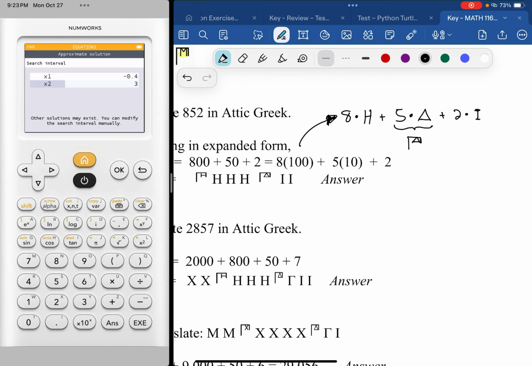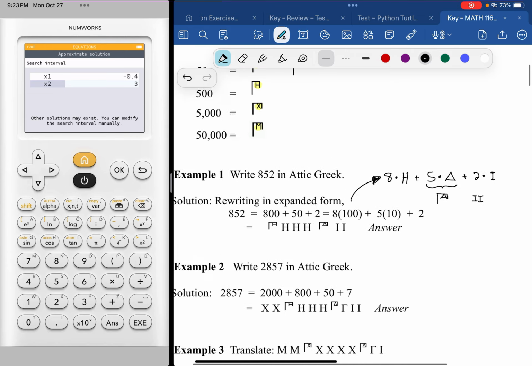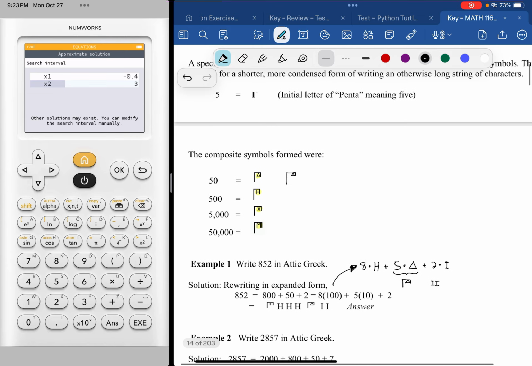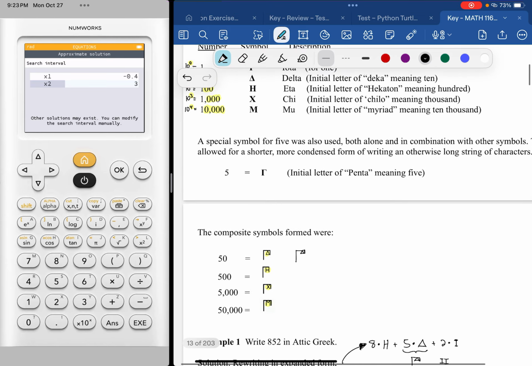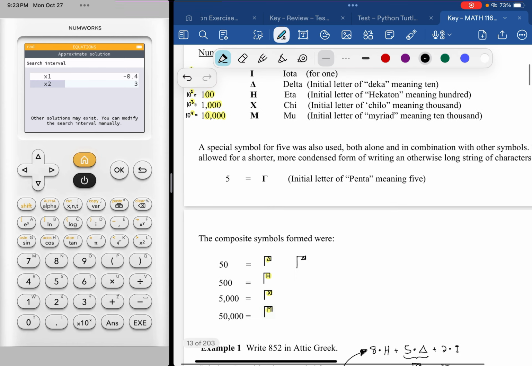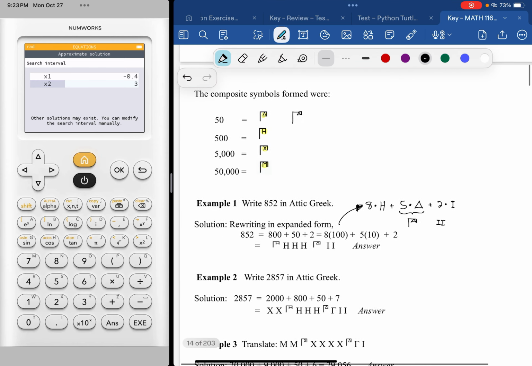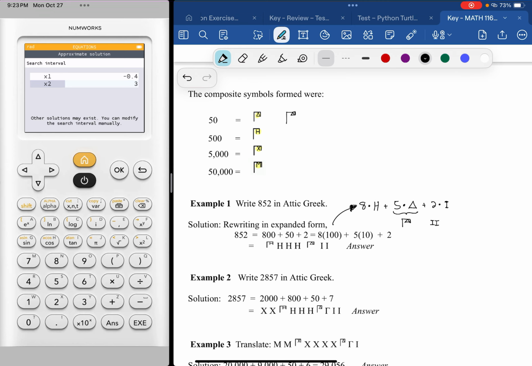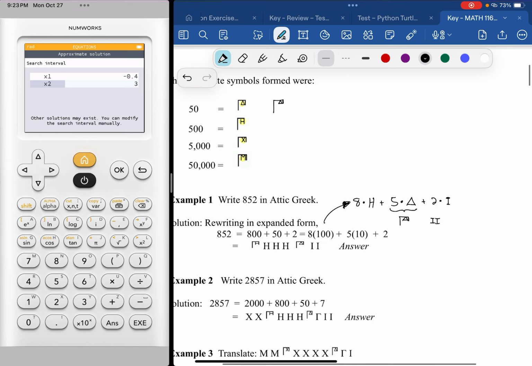We would have our 2 iotas. And then for the 800, our composite symbol for 100, so we have the eta mixed in with the penta. That'll get me to 500.